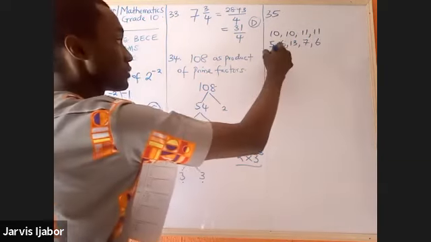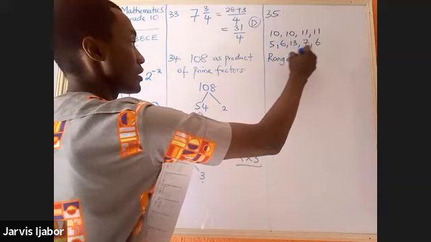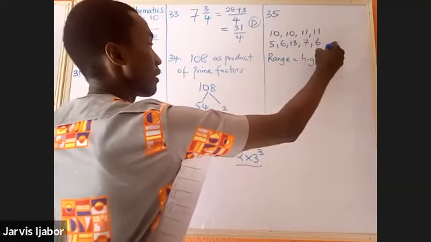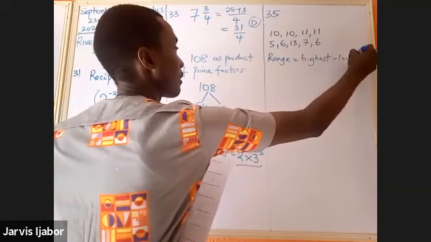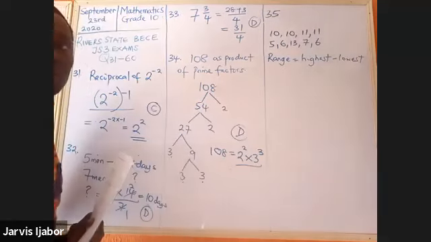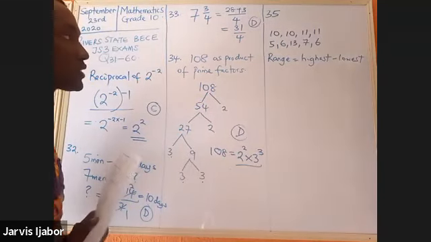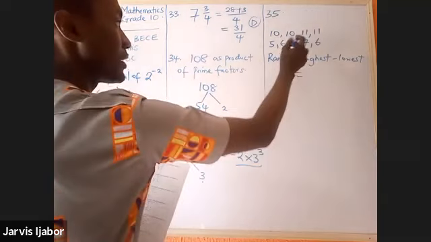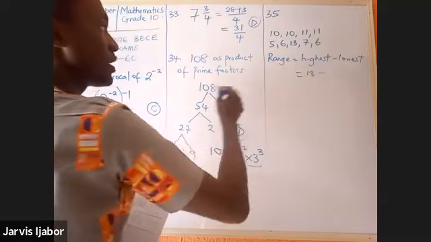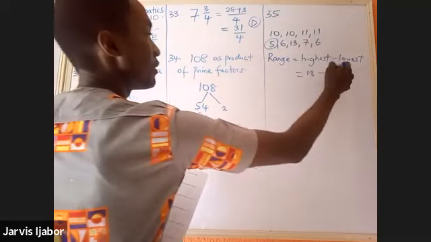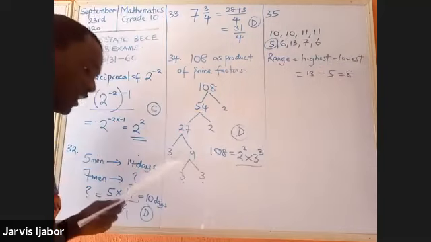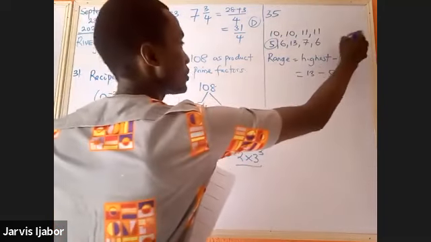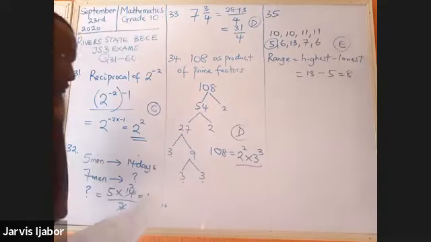What is range? We know that range is equal to highest minus lowest. That's what range is. Range is highest minus what? Lowest. So what's the highest number here? 13. What's the lowest number here? 5. And your answer becomes 8. So the range in this question is 8 and the option is what? E.